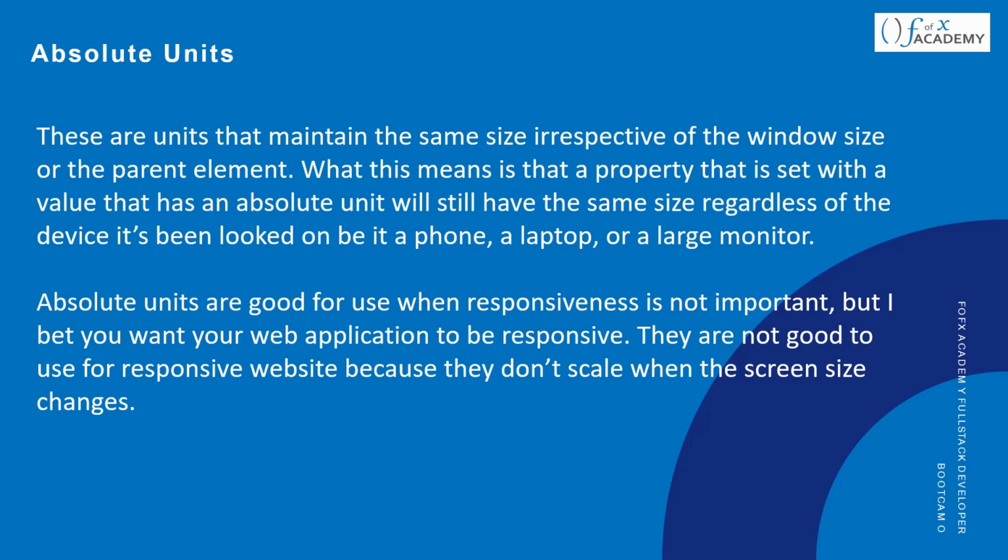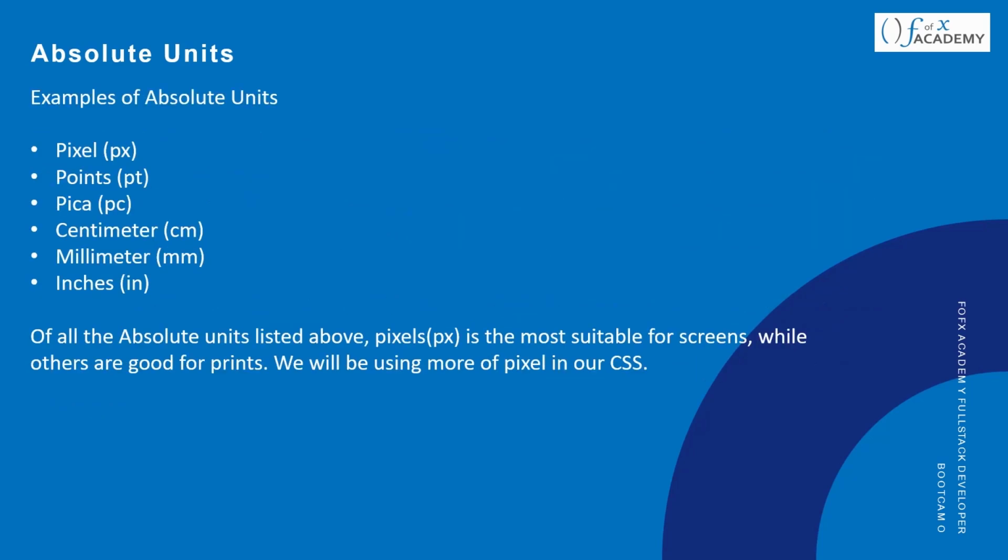Examples are pixels, points, and all like that. Of all the absolute units, pixel is the most frequently used for screens, while others are good for print. So we'll be using more of pixel in our CSS.